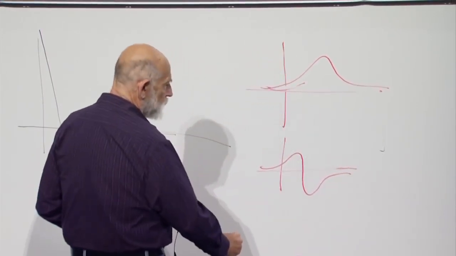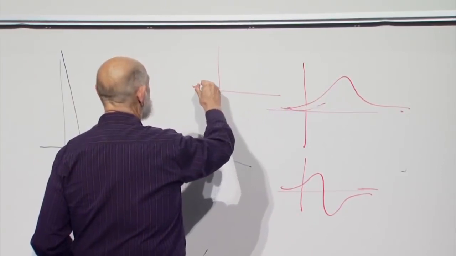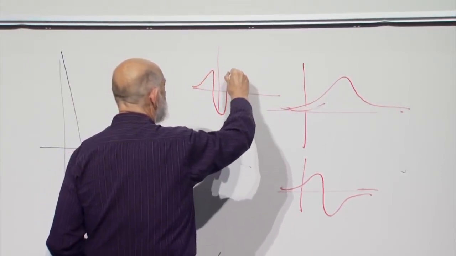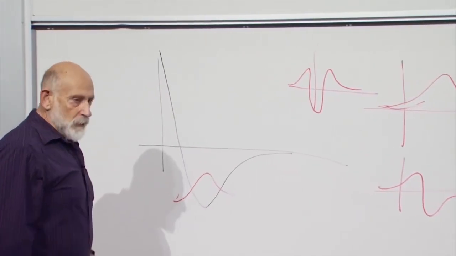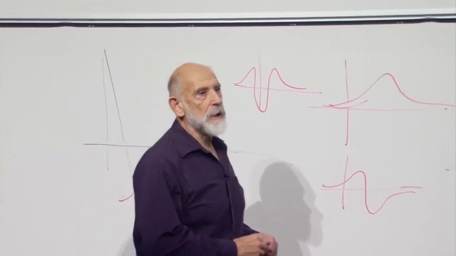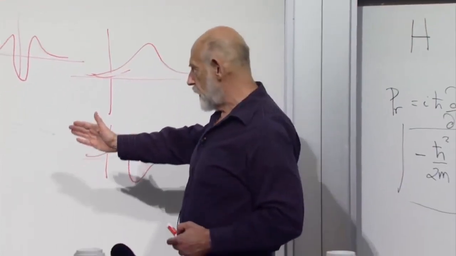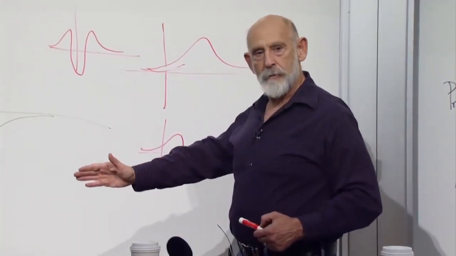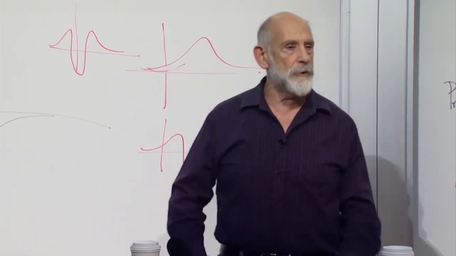How about a function with two nodes? A function with two nodes goes up, comes down, goes back up, and comes back down. The number of nodes are what characterize the different energy levels of a solution to the Schrodinger equation. The more nodes, the higher the energy. Why would it be that the more nodes, the higher the energy?